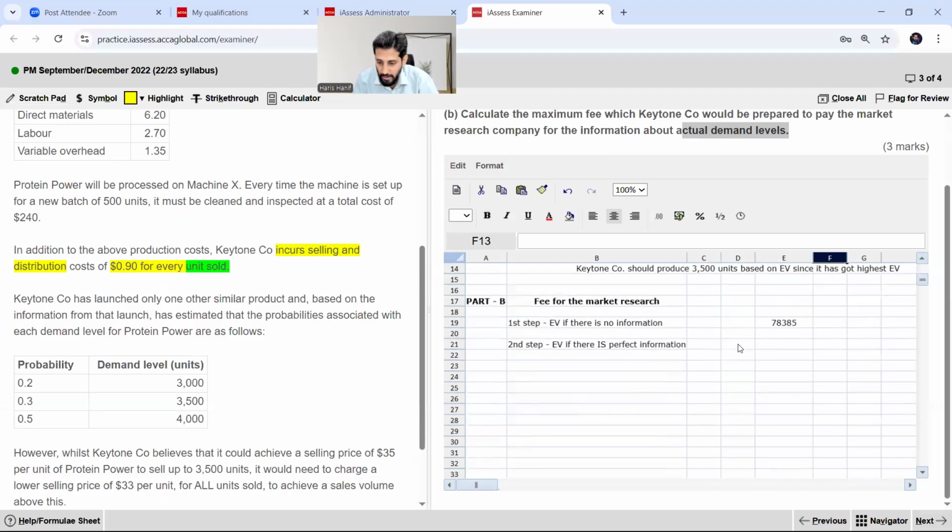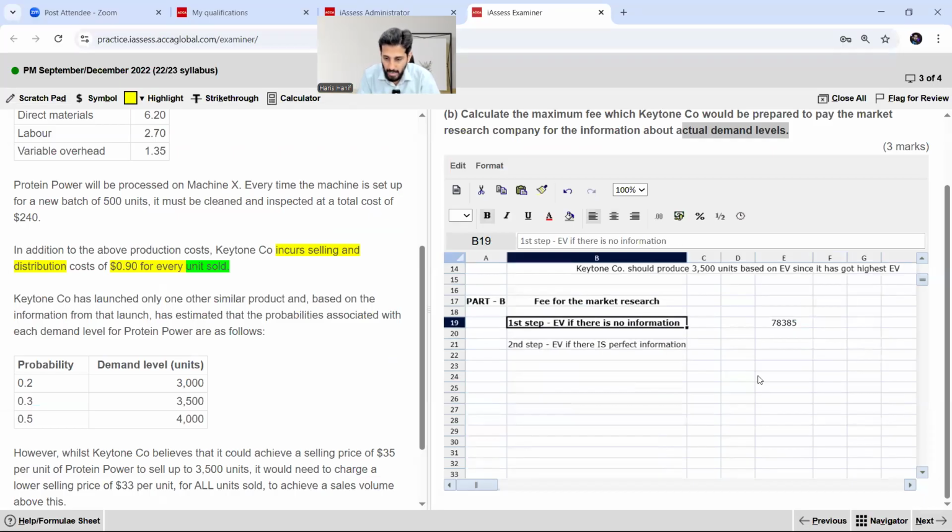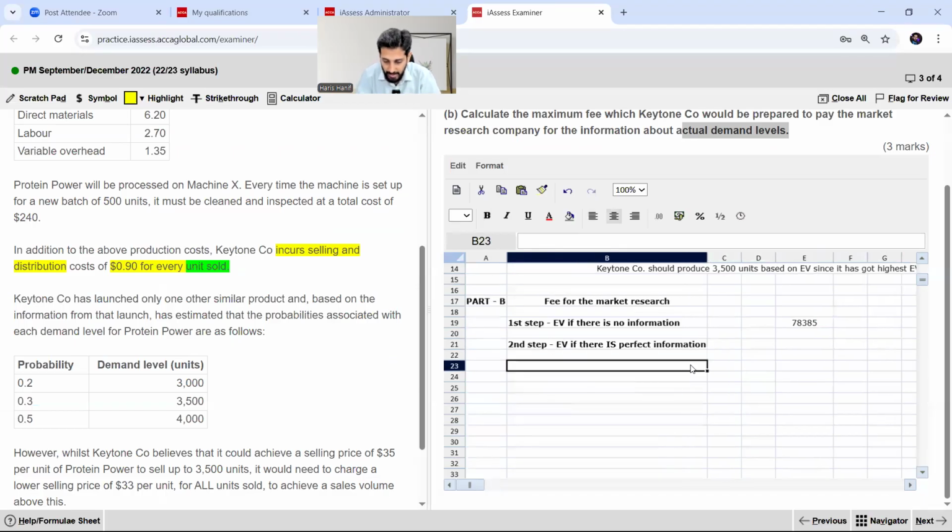Okay, so if my demand would be, now I am making this a heading and writing a subheading. If demand is 3000, if demand is 3500, if demand is 4000, right?